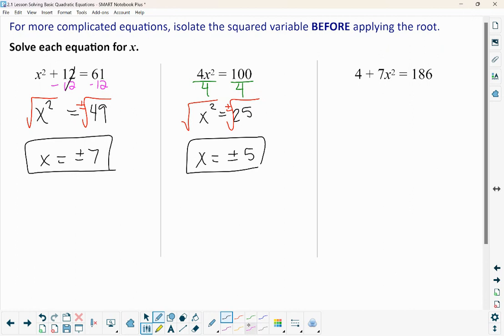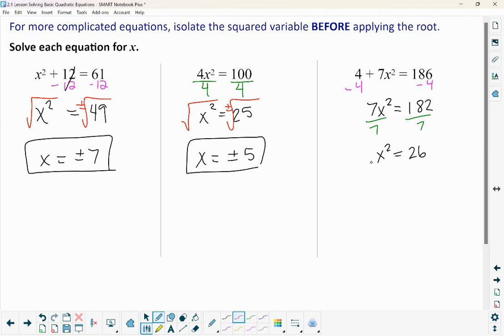And finally, you could need to do both. So we're going to use some subtraction right here with the 4. We'll get 7x squared is equal to 182. And now we're going to divide each side of our equation by 7 to get x squared is equal to 26.